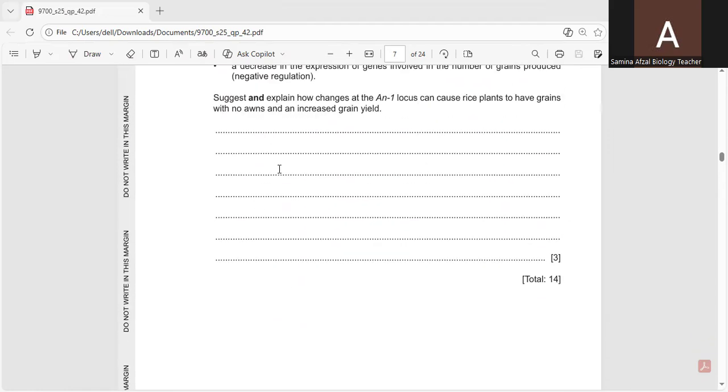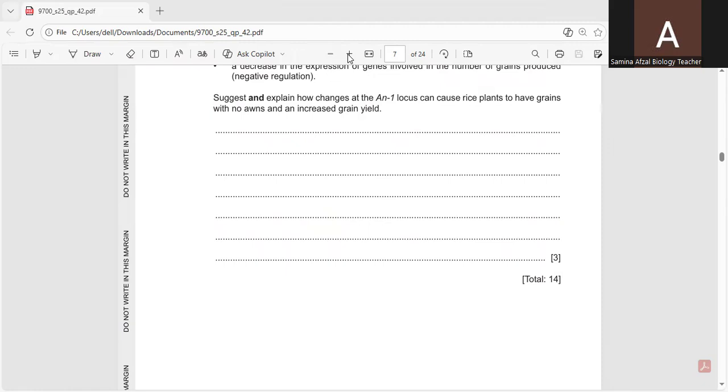So we have to write the answer over here. According to this question, which asks you to link a change in a regulatory gene, which is AN1, to the desired domesticated rice traits, no awns and increased grain yield, based on the provided information about the gene's function, we have to suggest and explain the change at the AN1 locus.